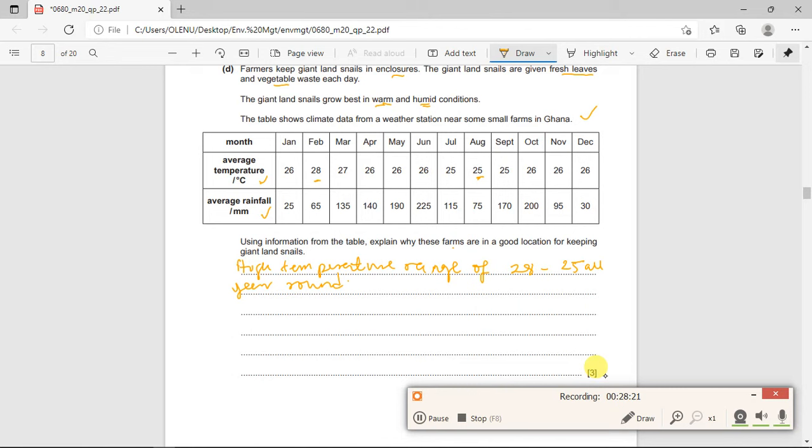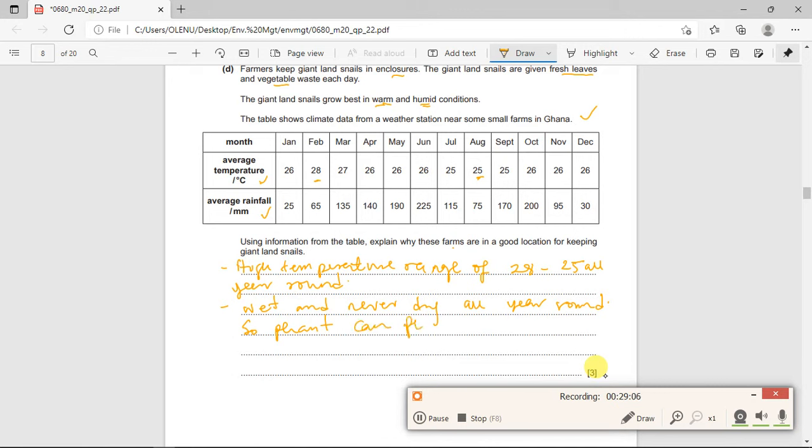Now, if you look at it also, there is high optimum rainfall, so there is no month with total dryness. So it is wet and never dry all year round. Since there is high temperature and water available, what will be the multiplier effect of having these two that will suit snail growth?